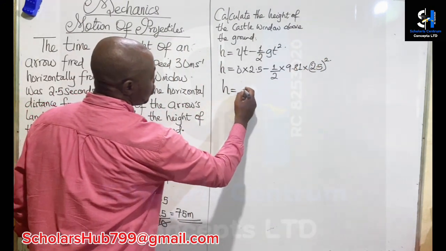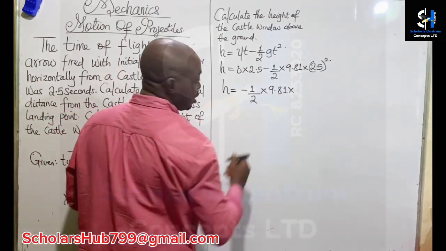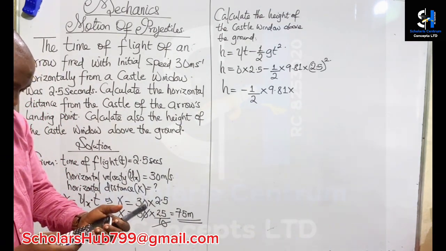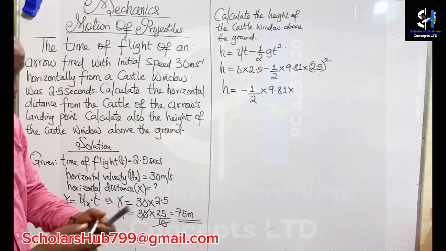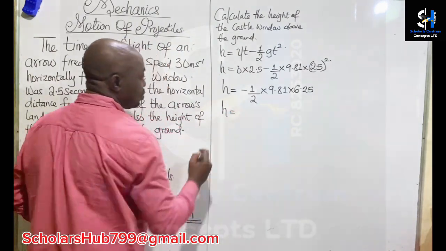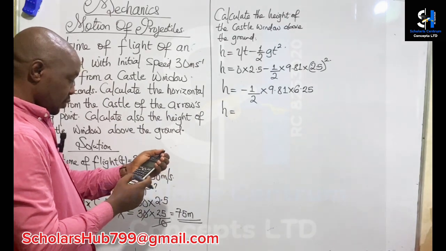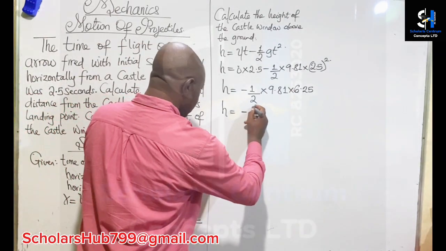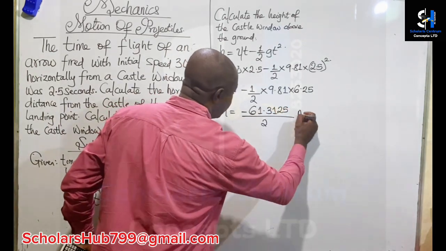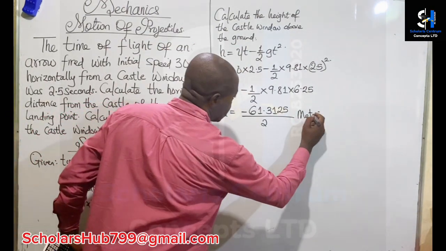So h equals negative 1/2 of 9.81 multiplied by 2.5 squared, and 2.5 squared is 6.25. Now 6.25 multiplied by 9.81 is 61.3125, negative. Don't forget the unit of height is meters.